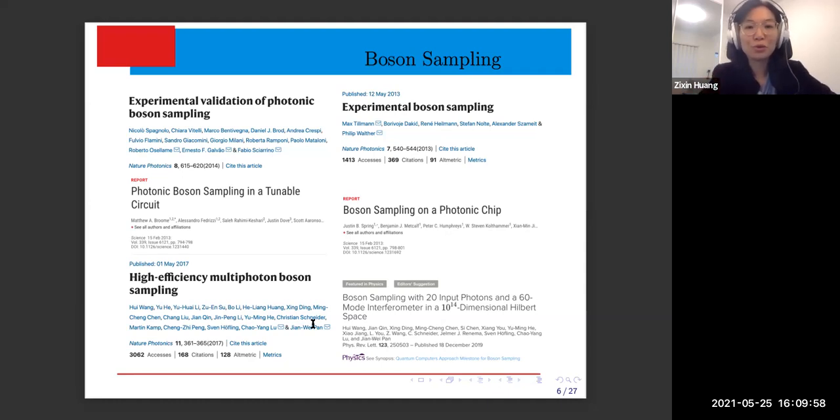Even though this particular computational task is not particularly useful, it does show an exponential speedup. I believe to date, Jian-Wei Pan's group holds the record of doing an experiment with 20 photons in 60 modes.